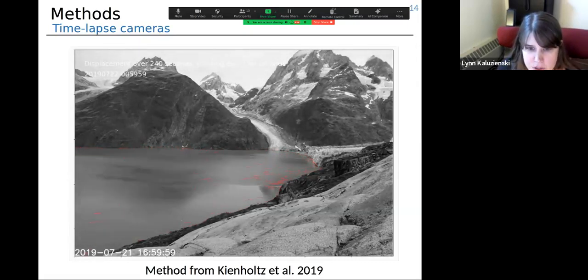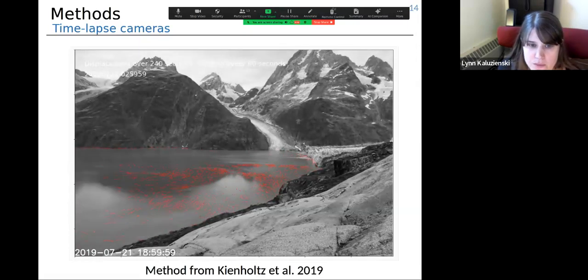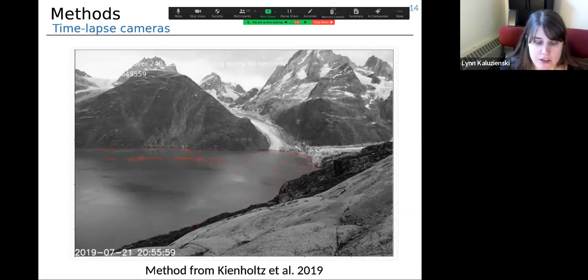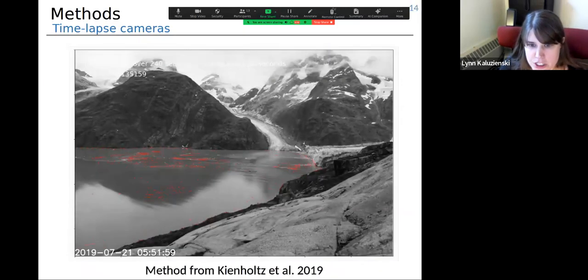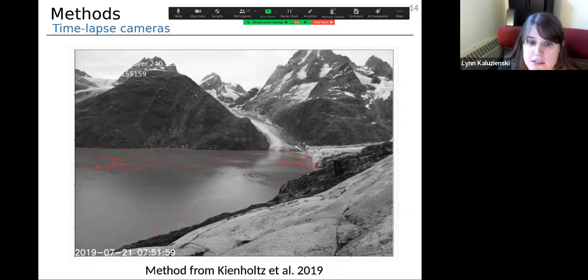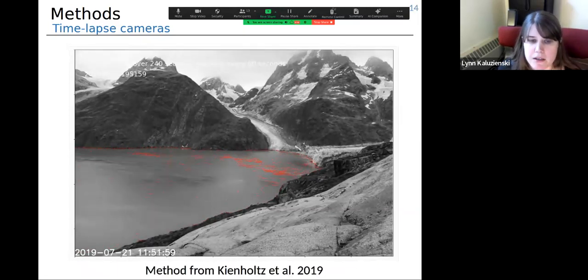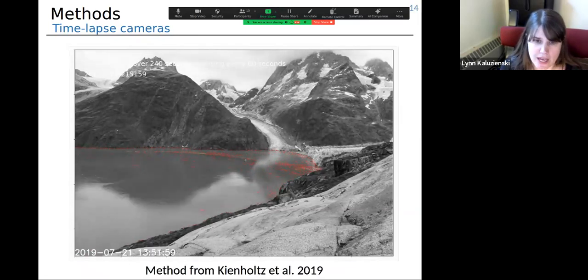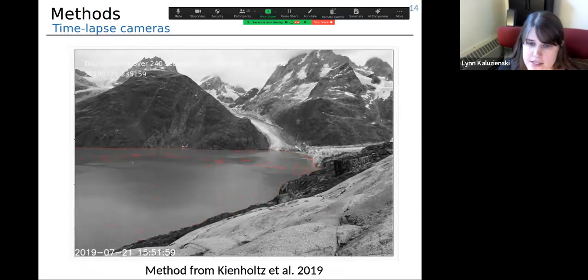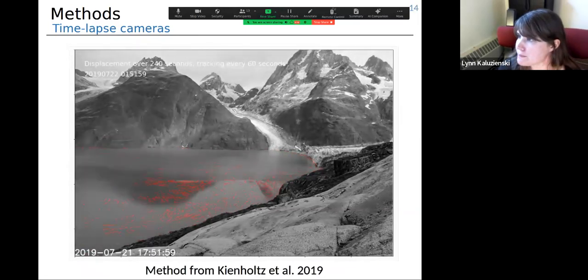It's tracking the icebergs from photo to photo, and you get these oblique vectors laid on top through time. And this actually works pretty well at Johns Hopkins. Christian did this at LeConte, which has tons of icebergs, so he got a lot more vectors, but this still works quite well, even though we have a lot fewer icebergs in this particular fjord.